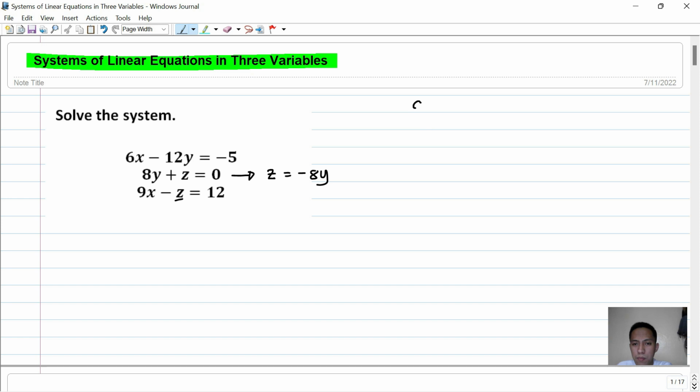So that becomes 9x minus z, where z from the second equation is negative 8y, equals 12. Basically, we combined the second and third equations to make an equation with two unknown variables. Now we solve this combined equation together with equation 1, which both have x and y variables.